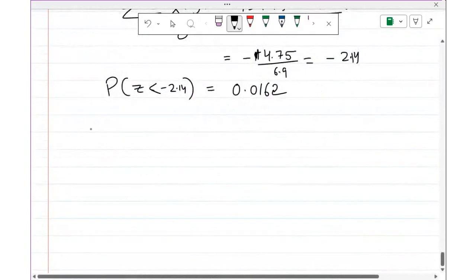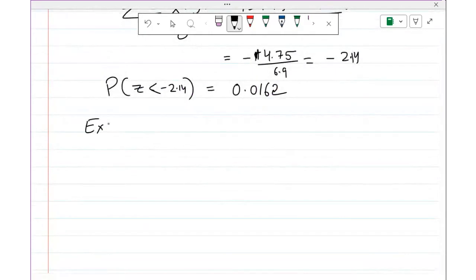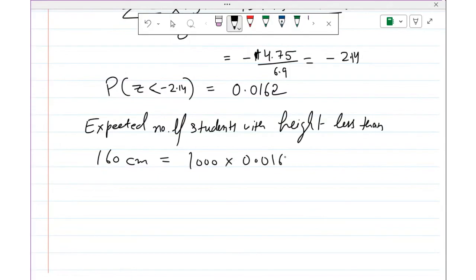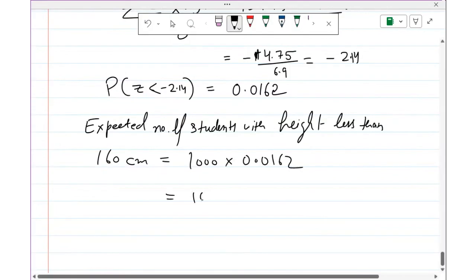The expected number of students with height less than 160 centimeters is 1000 multiplied by the probability, 0.0162, which is approximately 16.2 students, or you can say approximately 16 students.